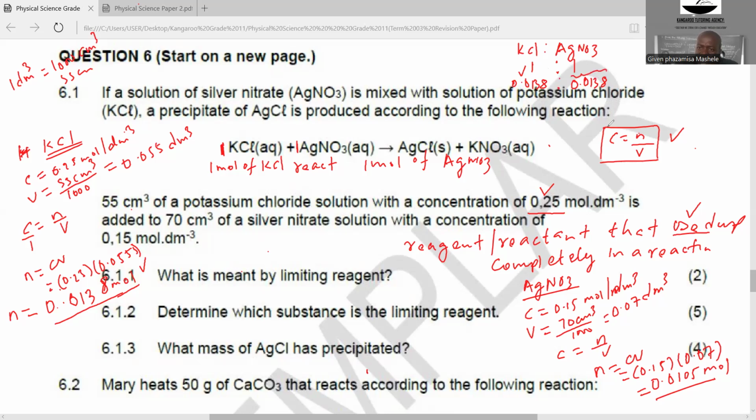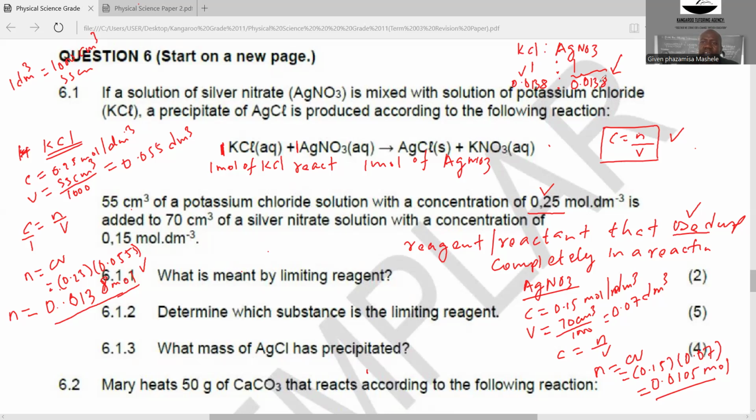Silver nitrate, if the two have to react in this ratio, potassium chloride will use that many moles, but now silver nitrate has how many moles? It has 0.0105, which is less than 0.0138, which means it will not be possible for potassium chloride to use 0.0138 with silver nitrate, because silver nitrate has less than what is expected. You see that it will not be possible.